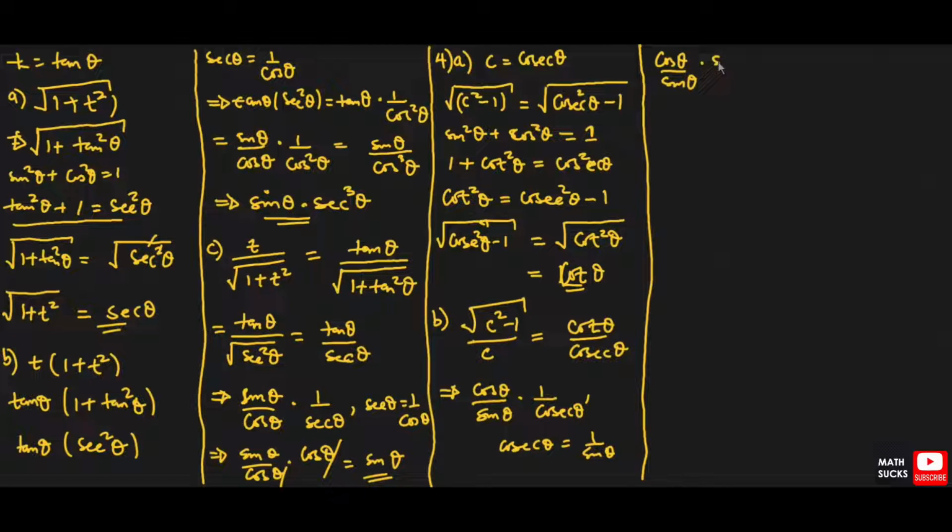So this is multiplied by sine of theta, and this and that will go, and we end up getting cos of theta, and so we can therefore say square root of c squared minus 1 over c is the same as cos of theta.